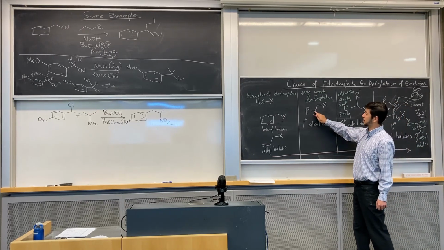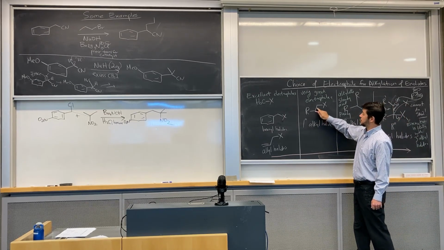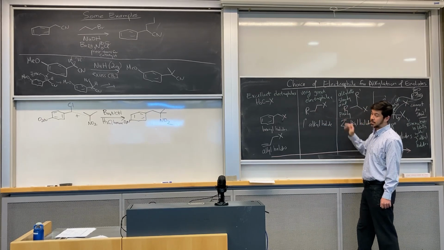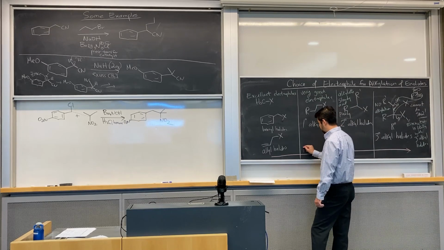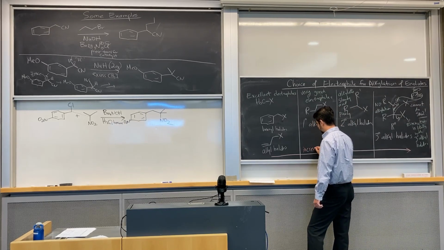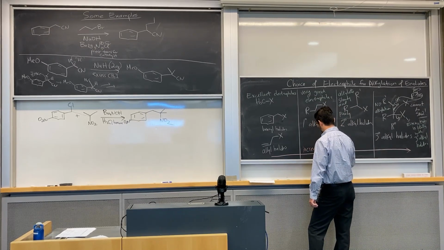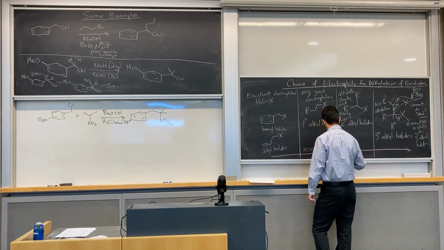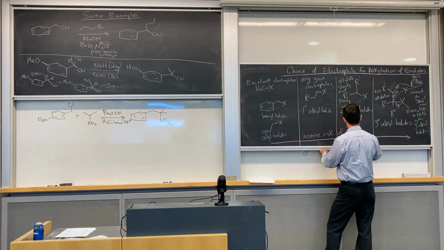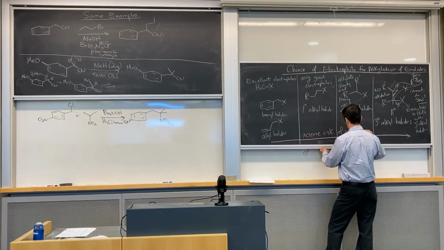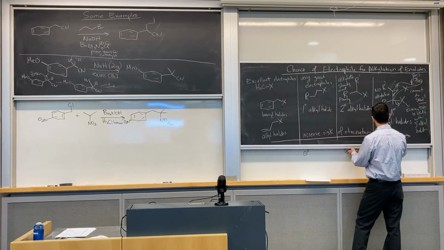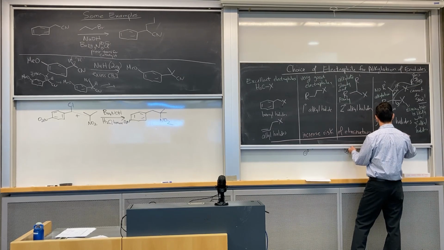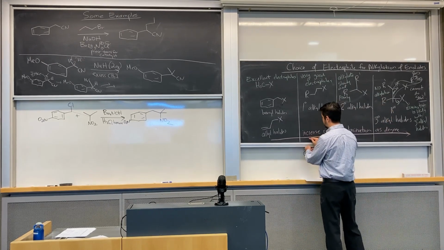You can imagine that you have a proton here, you could form that double bond and kick off the halide group. So as you go from left to right, you increase the risk of elimination as the degree of substitution increases.